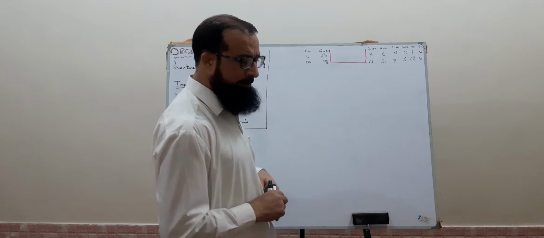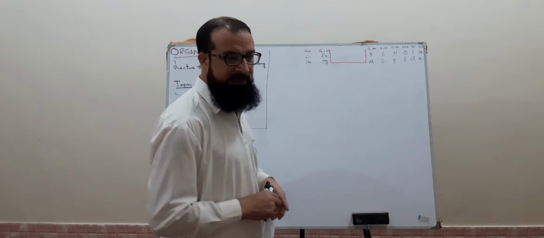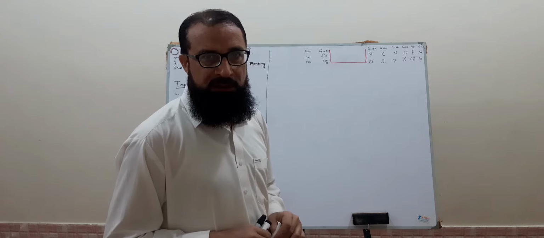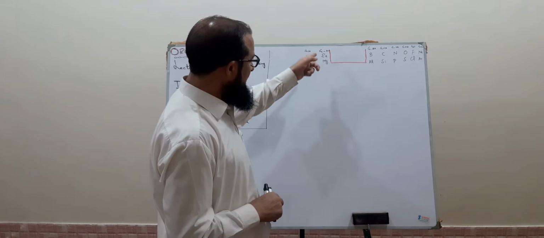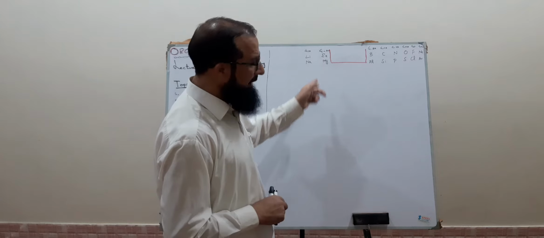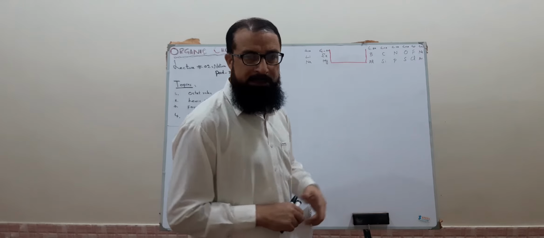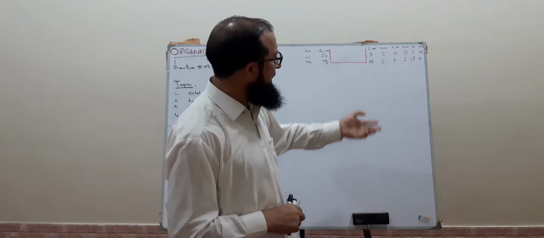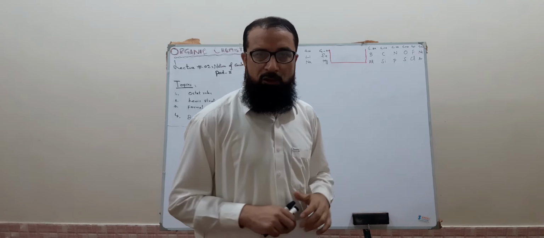This is the first group, the alkali metals, and it is the first group because there is one valence electron in the outermost shell of these elements. The second group is the alkaline earth metals, then the boron family, carbon family, nitrogen and phosphorus family, oxygen and sulfur family, halogens, and the noble gases.